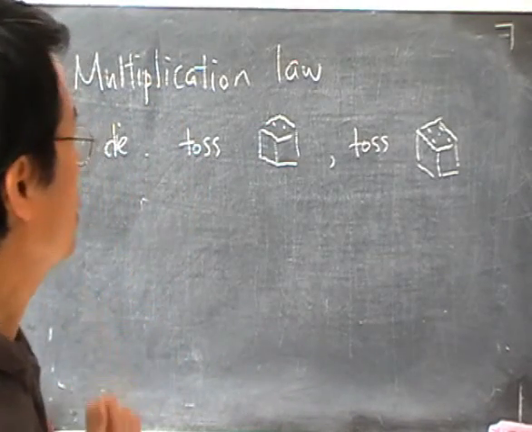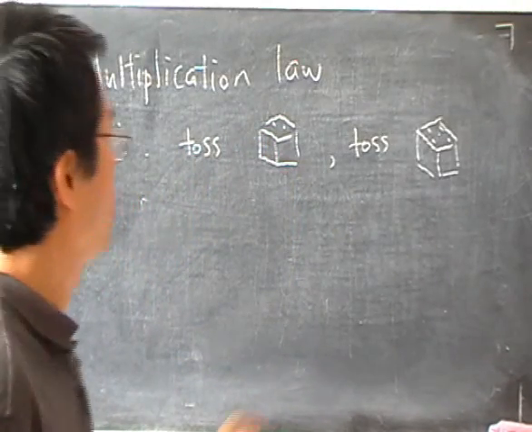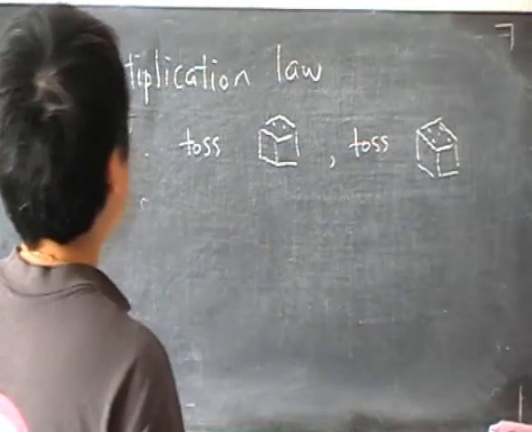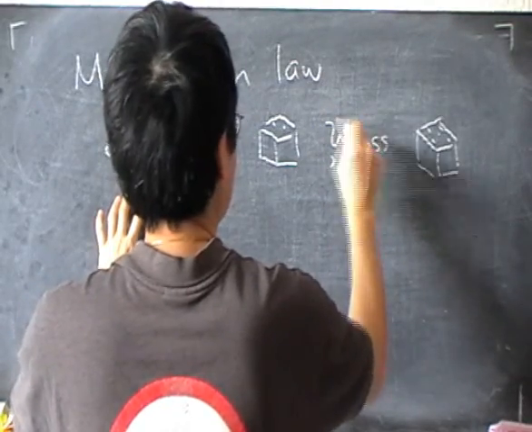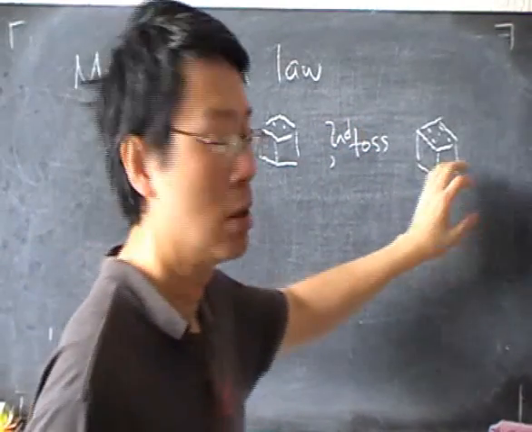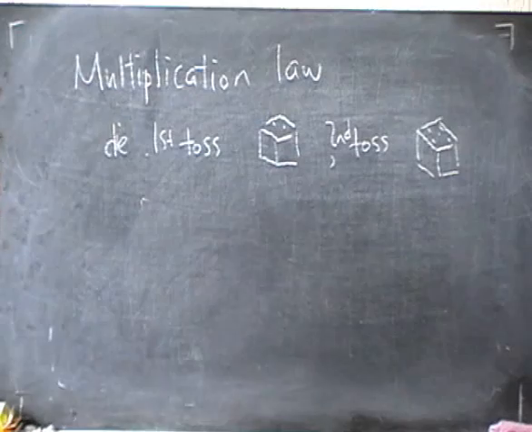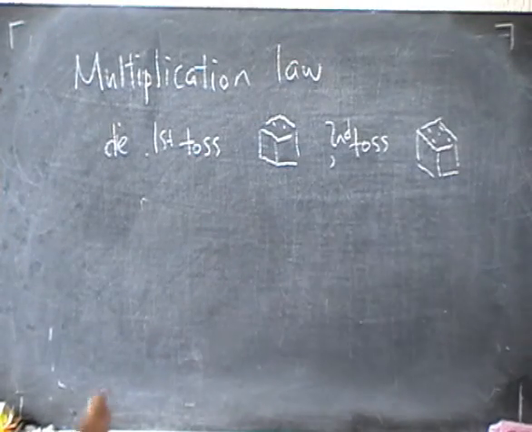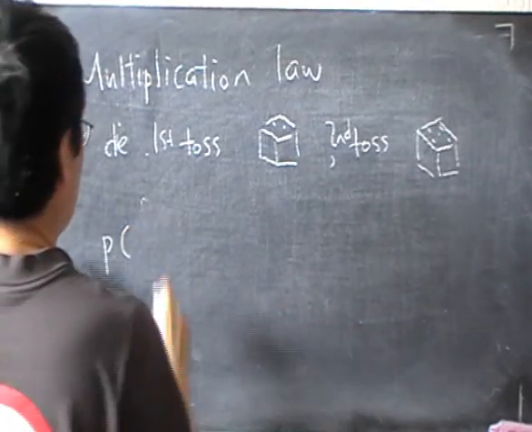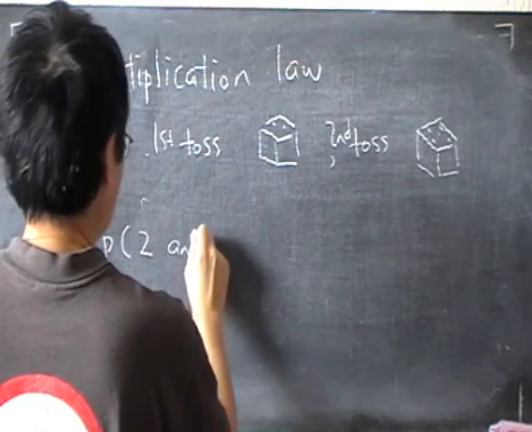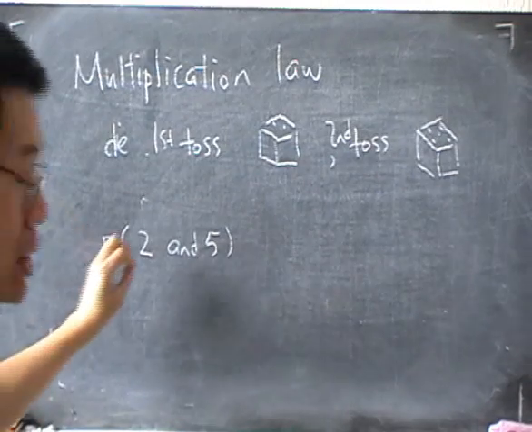So I want to find the probability of getting a 2 on the first toss. That's my first toss. And my second toss, I'm interested in the event of getting a 5. So the problem here is to find the probability of getting a 2 and a 5. You must be a little bit careful here.